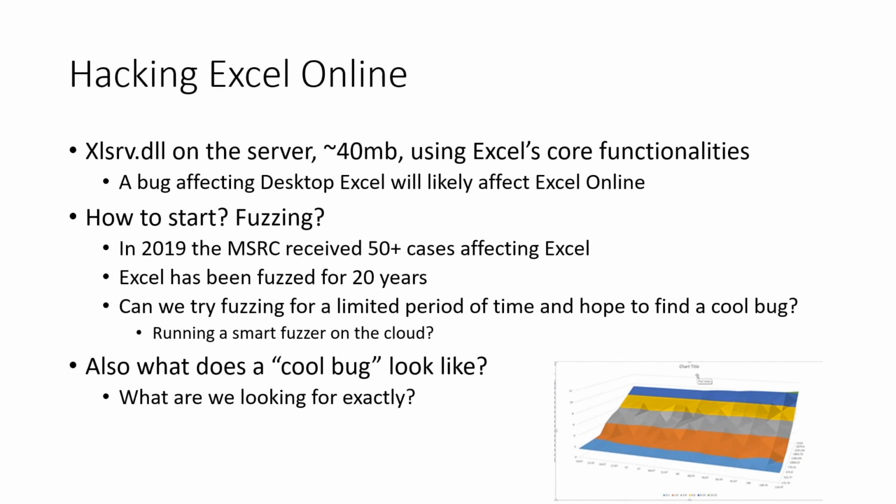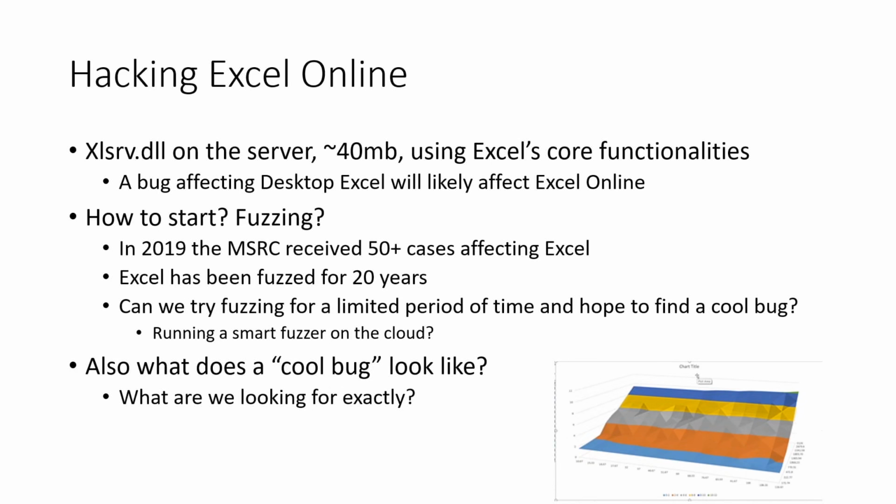So I was already a bit familiar with the internals and how things worked there. I just had a couple of ideas for complex exploits that I had never really put into practice, and I was curious to see if I could get something done. And then, of course, I was curious to use Microsoft resources to look at Excel, because that was something I had never done before.